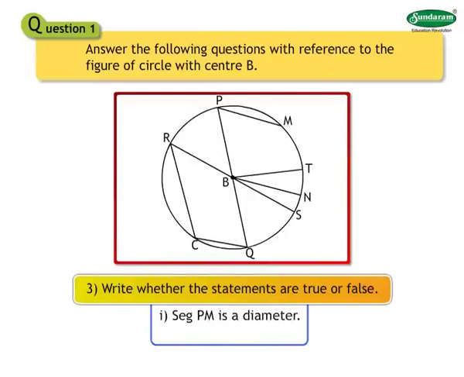Segment PM is a diameter. Answer. False. Number 2. Segment RS is a diameter. Answer. True. Number 3. Segment CQ is a radius. Answer. False. Number 4. Segment RC is not a diameter. Answer. True.